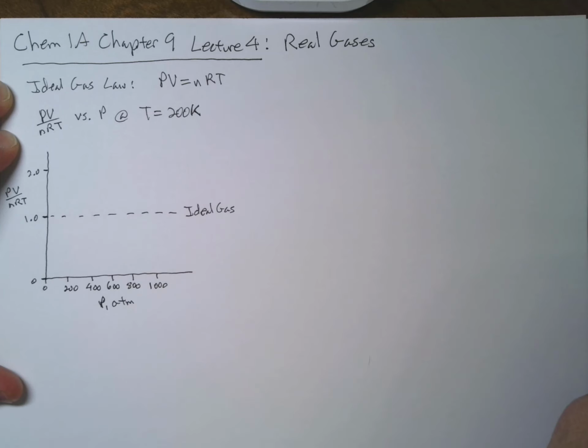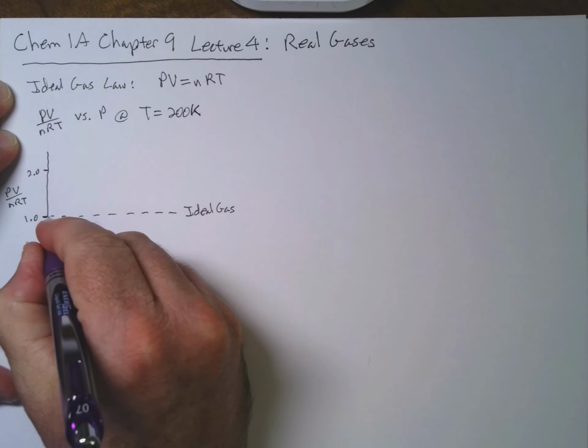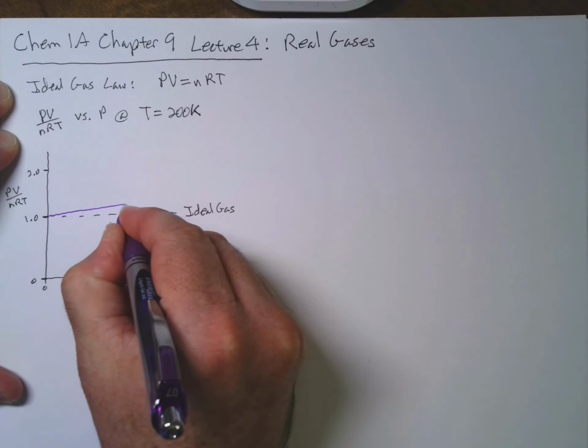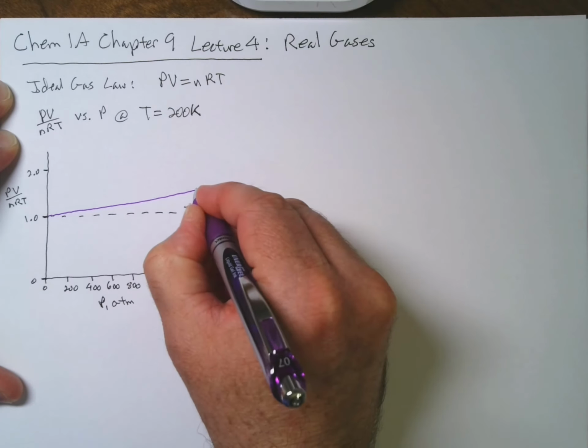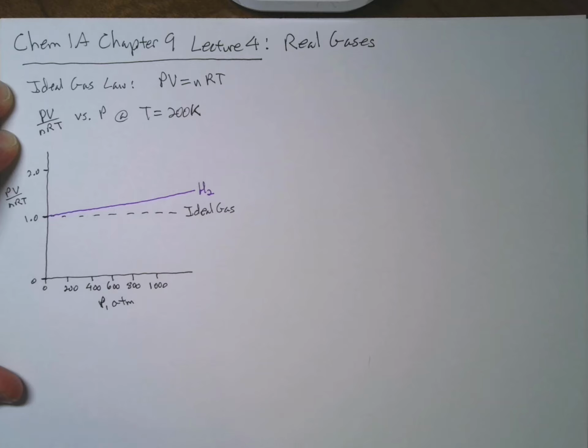And the thing is, we don't see this actual type of behavior. Instead, we will see behavior like this. So hydrogen gas shows a deviation like so.